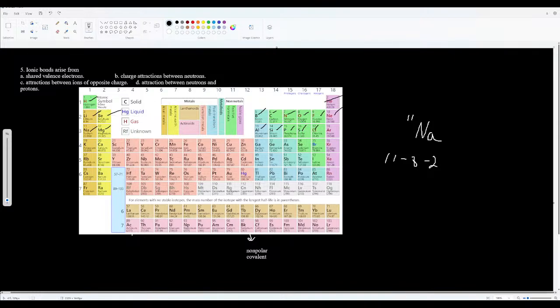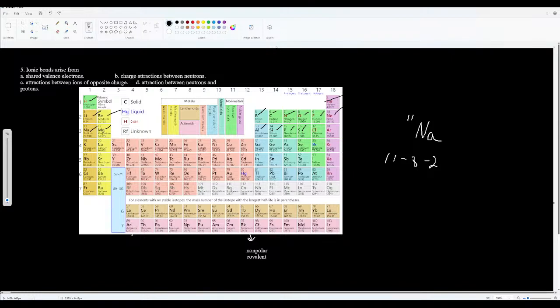So elements in this column are going to have 1 valence electron. Elements in this column are going to have 2. And then we jump over, because we forget about the transition metals. These ones have 3, these ones have 4, then 5, 6, 7, and then 8.